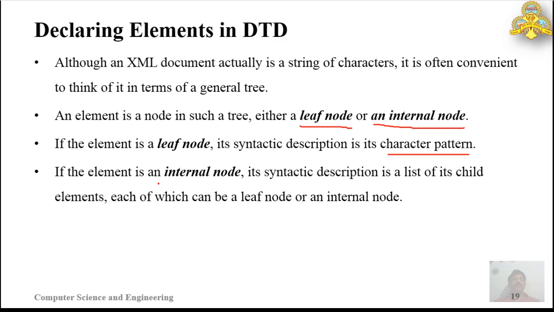If the element is an internal node, then its description is a list of its child elements, each of which can be a leaf node or an internal node. So an internal node actually is nothing but a list of child elements.